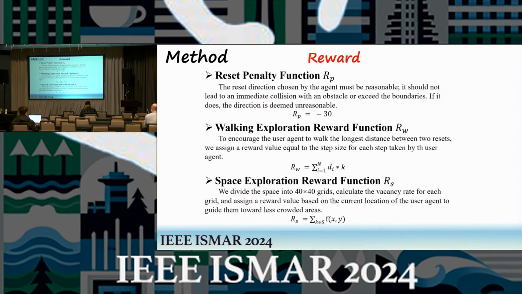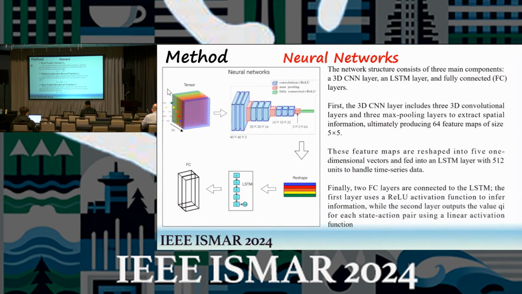Second, to encourage the user agent to walk the longest distance between two resets, we assign a reward equal to the step size for each step taken by the user agent. Finally, we divide the space into 40 times 40 grids, calculate the visit rate for each grid, and assign a reward based on the current location of the user agent to guide them towards less crowded areas.